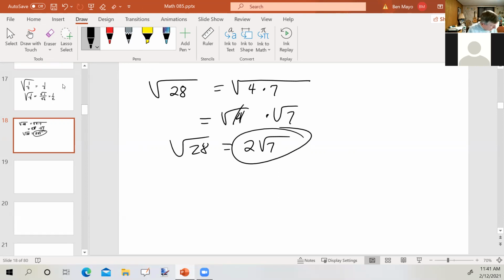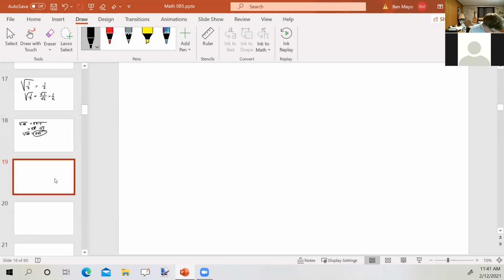Okay, let's take a look at another example. We have 9 times the square root of 54. Well, 54 is 9 times 6. Why did I break it apart that way? Because 9 is a perfect square.